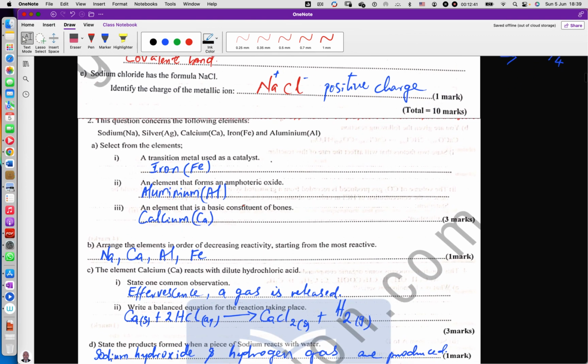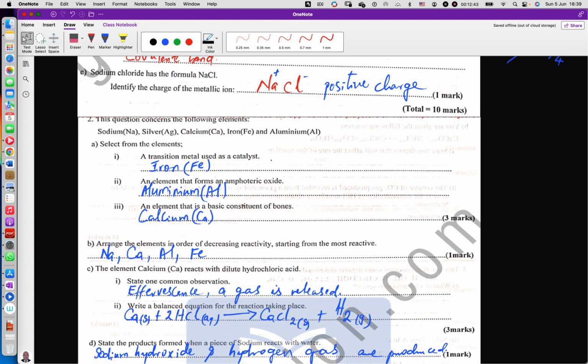Question number 2. This question concerns the following: sodium, silver, calcium, iron, and aluminum. Select from the elements a transition metal used as a catalyst. Of course, iron.